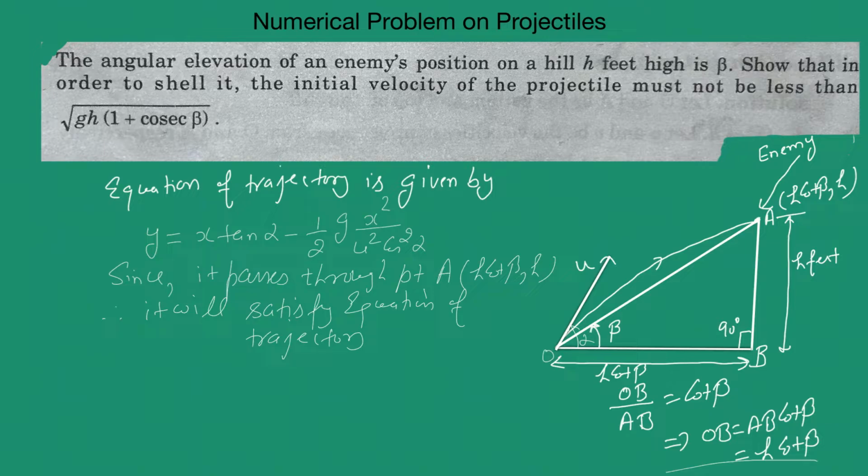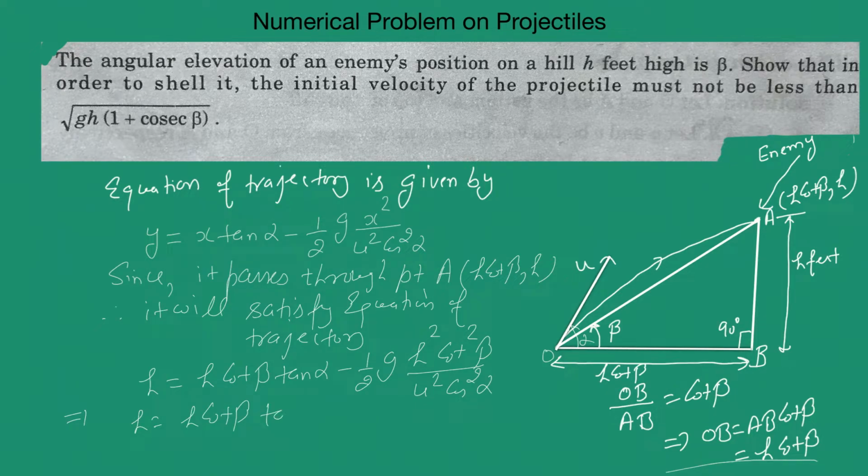Now substitute h in place of y and h cot beta in place of x. This implies h is equal to h cot beta tan alpha minus 1 by 2 g h square cot square beta by u square, and 1 by cos square alpha can be written as secant square alpha.